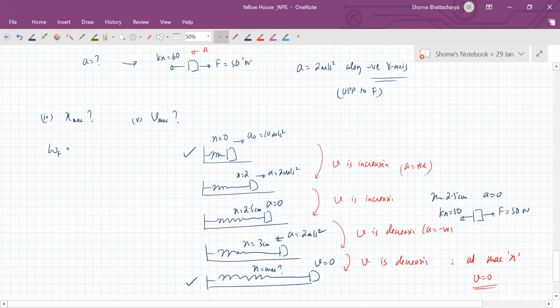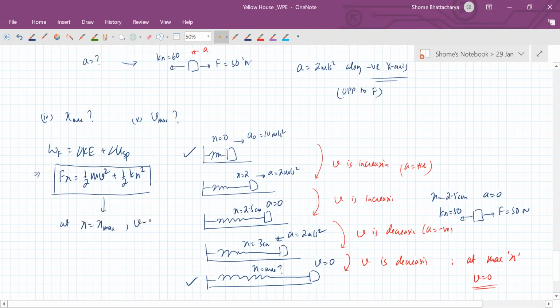Okay. So going from this diagram to this diagram, we will see that work done by F is equal to change in kinetic energy plus change in potential energy of the spring. So Fx is equal to half mv square plus half kx square. So in this formula, if we substitute v as 0, x is maximum. At x equal to the maximum value, v should be equal to 0. So substitute that over here.